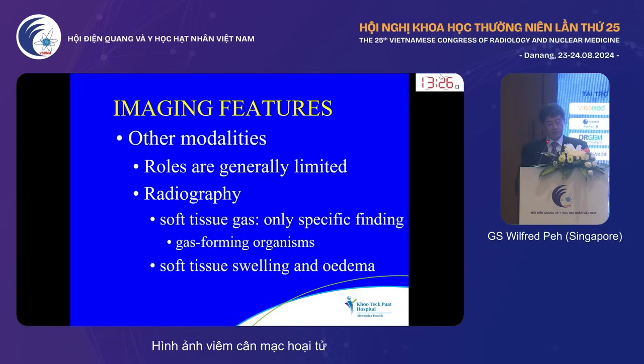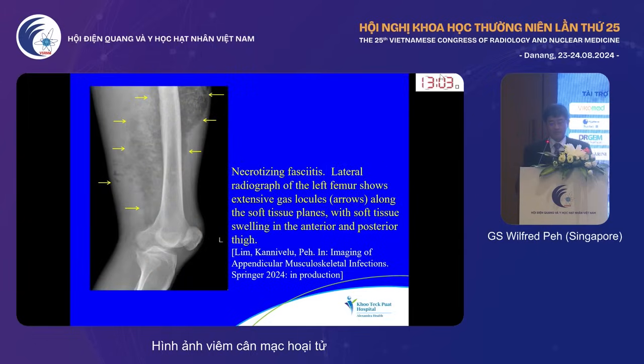On radiographs, we look for soft tissue gas, especially if the necrotizing fasciitis is due to a gas-forming organism. The other sign is less specific, soft tissue swelling and edema, which you can get in a variety of other conditions.